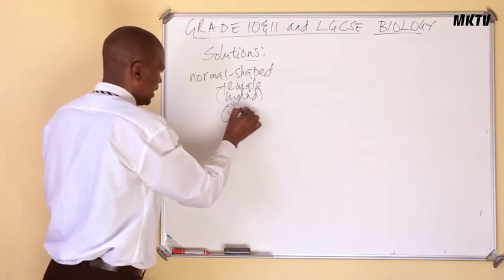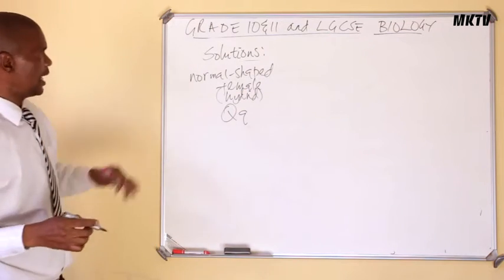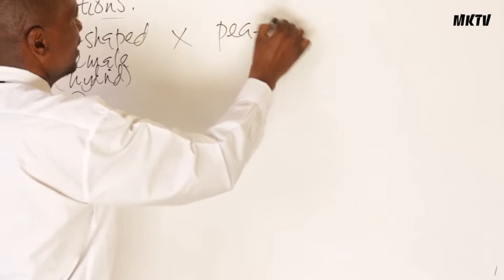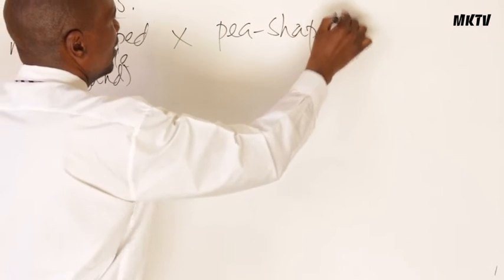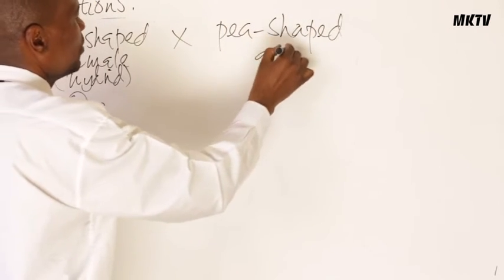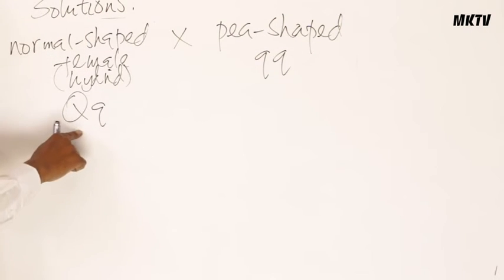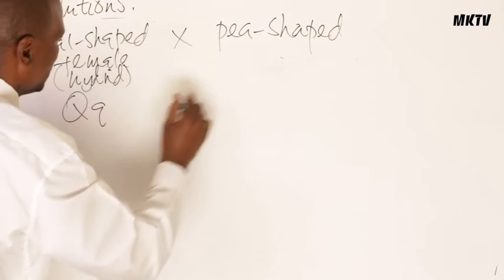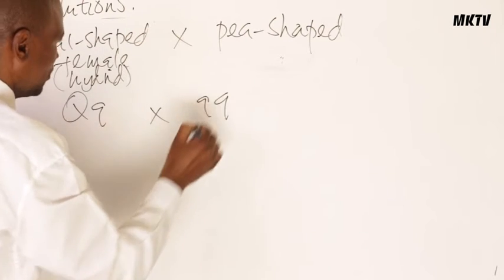Okay? It is a hybrid, and then you cross it with a P-shaped. Remember, once we have a P-shaped, we know there was an absence of a capital Q. So it will be like that. It means we are crossing that and that one.